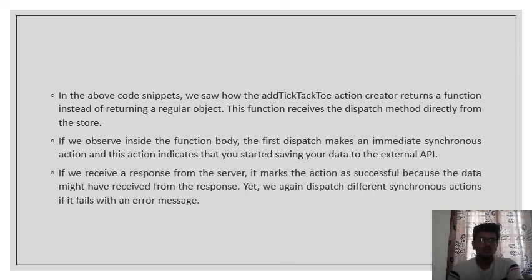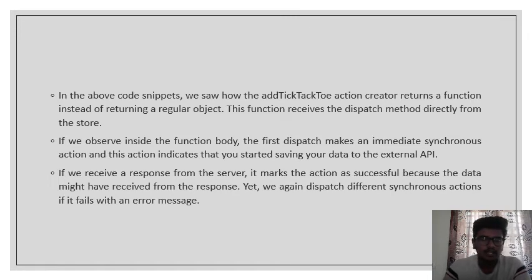In the above code snippet, we saw how the addTicTacToe action creator returns a function instead of returning a regular object. This function receives the dispatch method directly from the store. If we observe inside the function body, the first dispatch makes an immediate synchronous action, and this action indicates that you started saving your data to the external API.